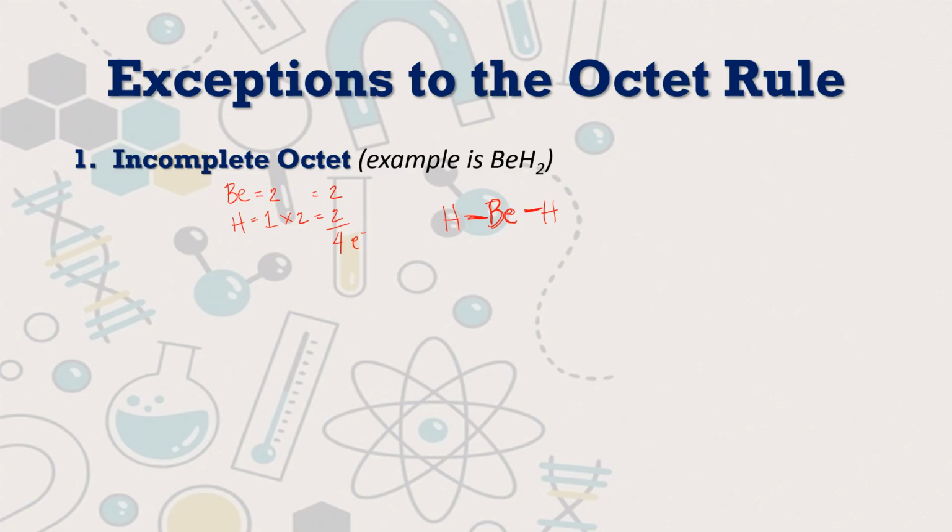The reason is, as I have mentioned a while back, that the group number represents the number of bonds that an element could make. Since beryllium belongs to group 2, and in this structure it already met the number of bonds, which is 2, this is already correct. So beryllium doesn't need to obey the octet rule because of this exception. It's an incomplete octet, also with the hydrogen.